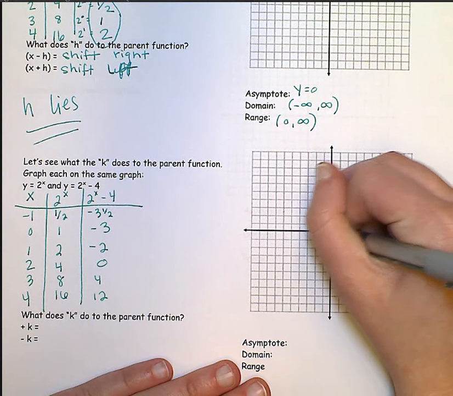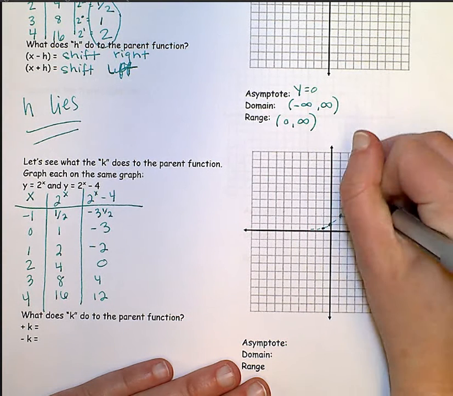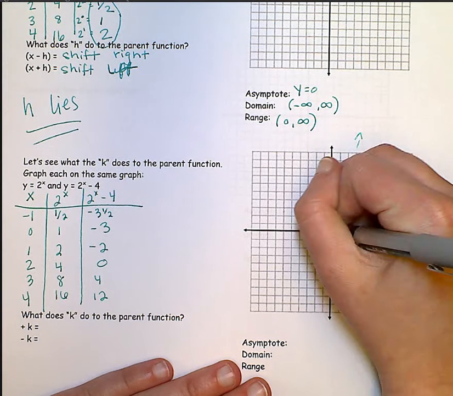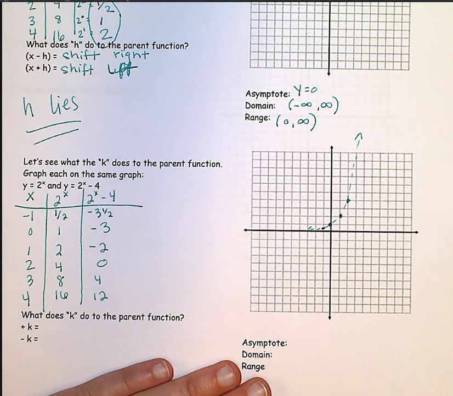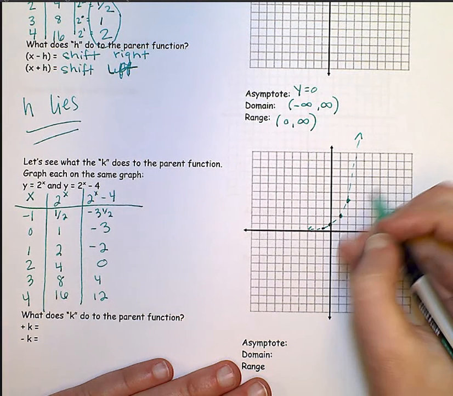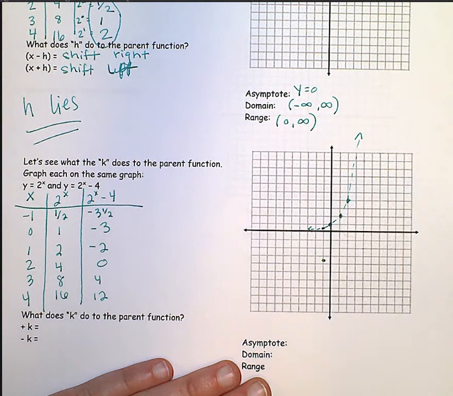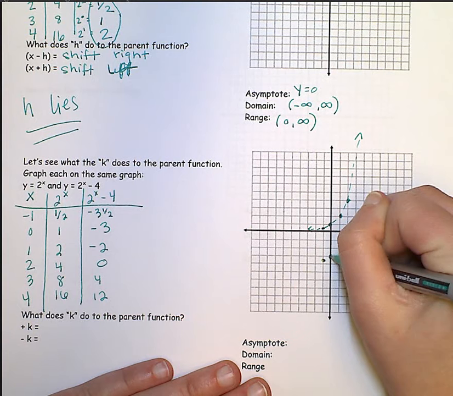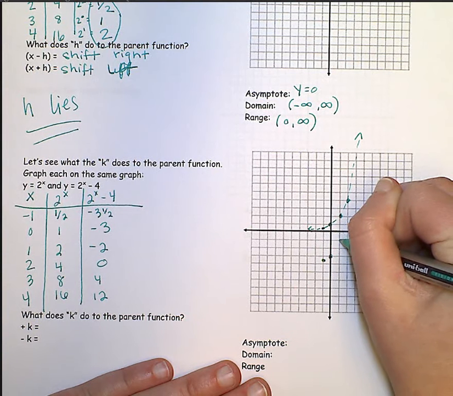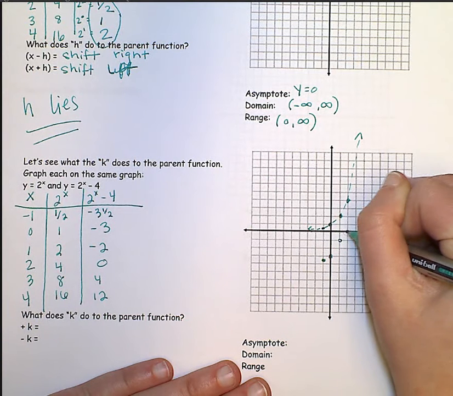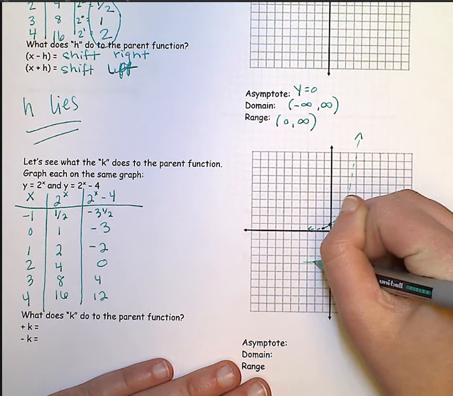So here's my parent. And let's graph our new function, which is at negative 1, negative 3.5; 0, negative 3; 1, negative 2; and 2, 0. So here is my new function.